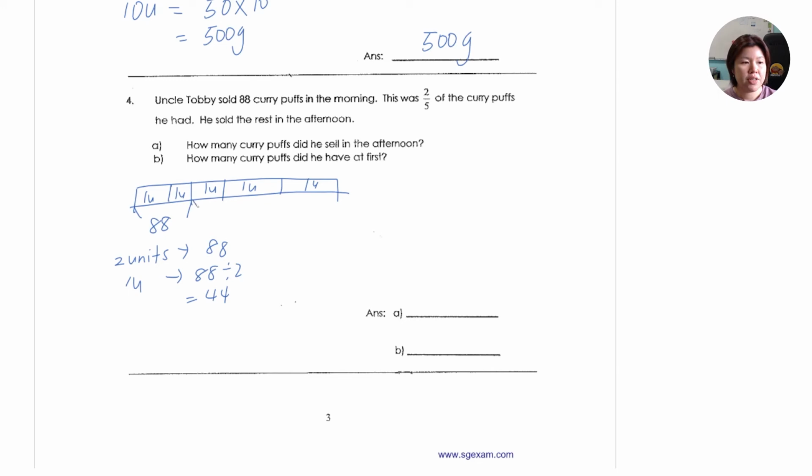So the rest here is the afternoon. So 44 times 3 equals 132. So at first I can take my 132 plus 88, which is 220.